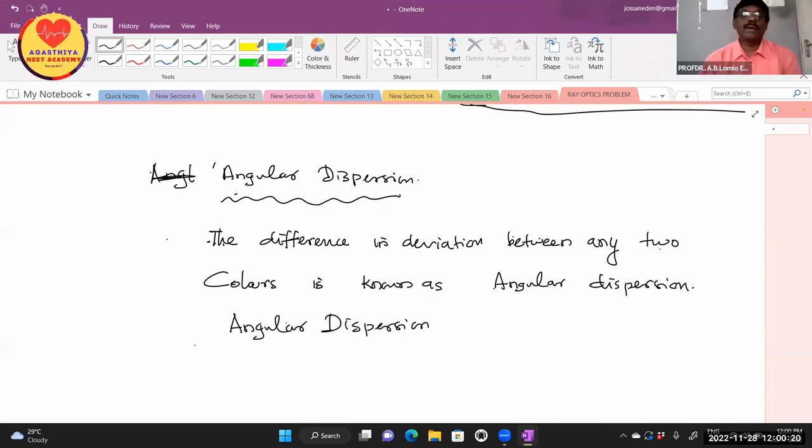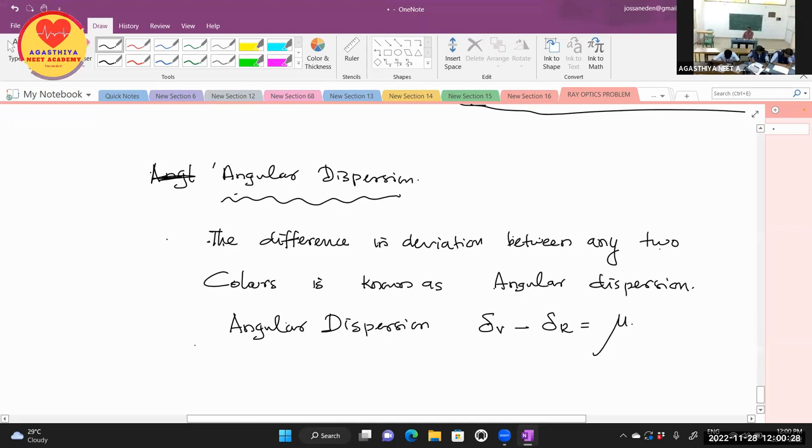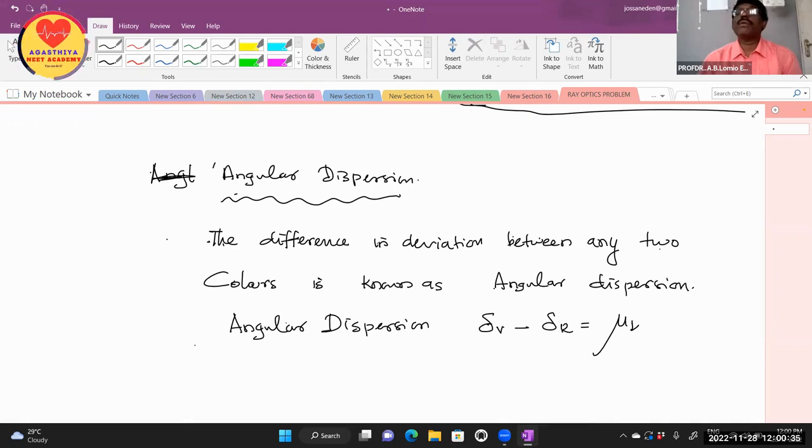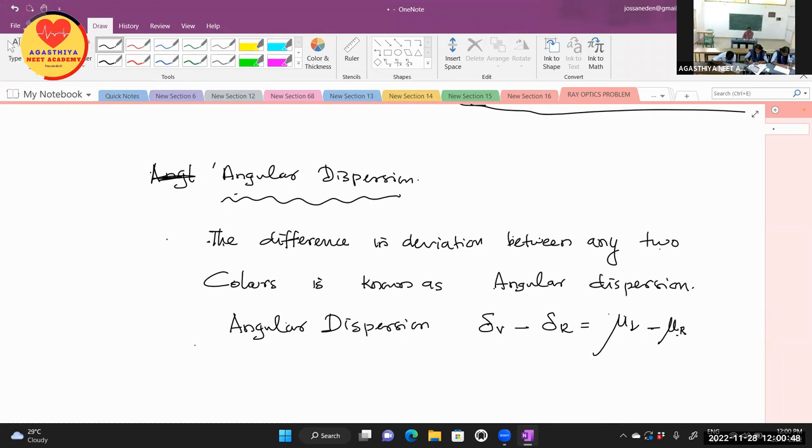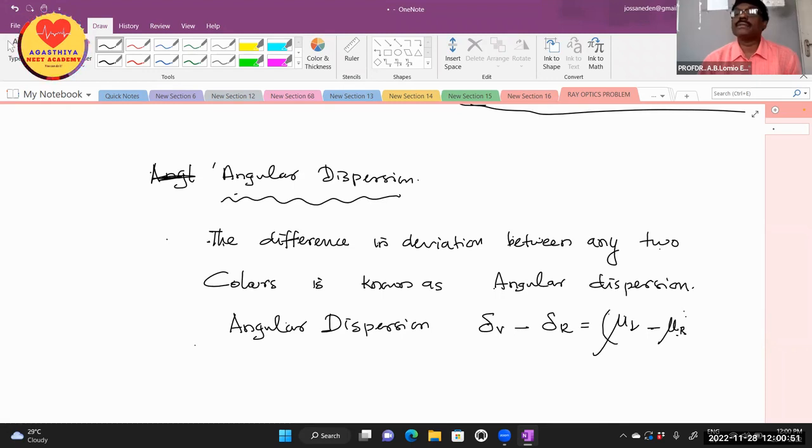The angular dispersion is, say, delta V minus delta R. That is equal to the angle of deviation of the violet minus the angle of deviation of the red light.